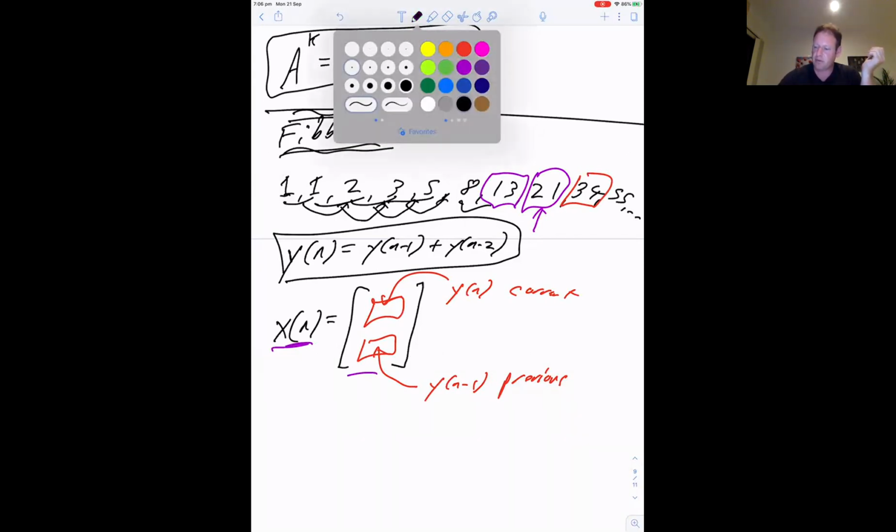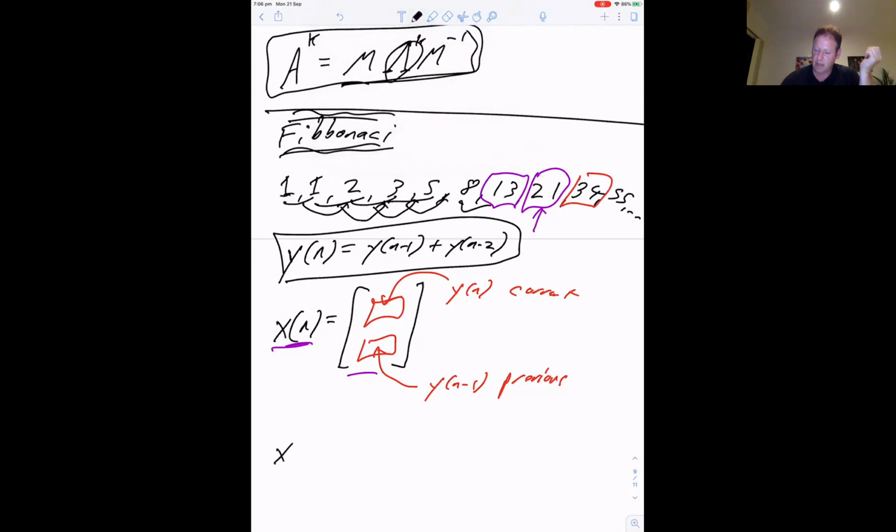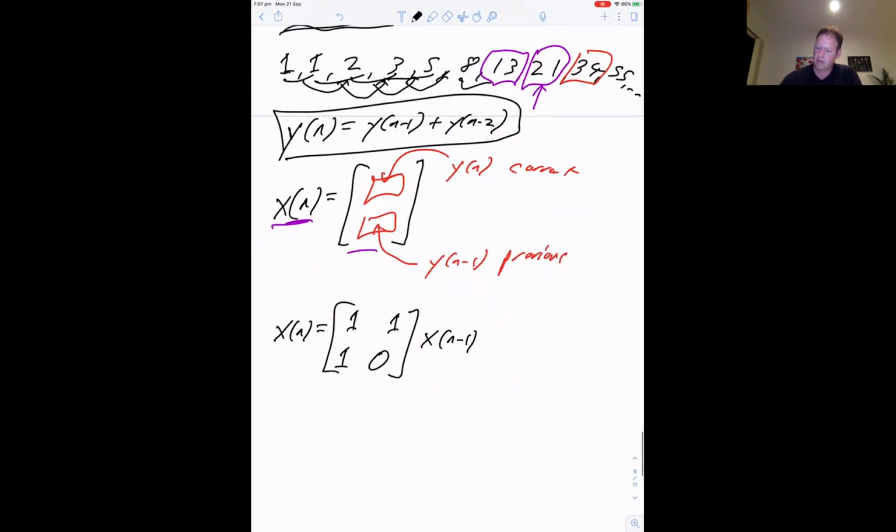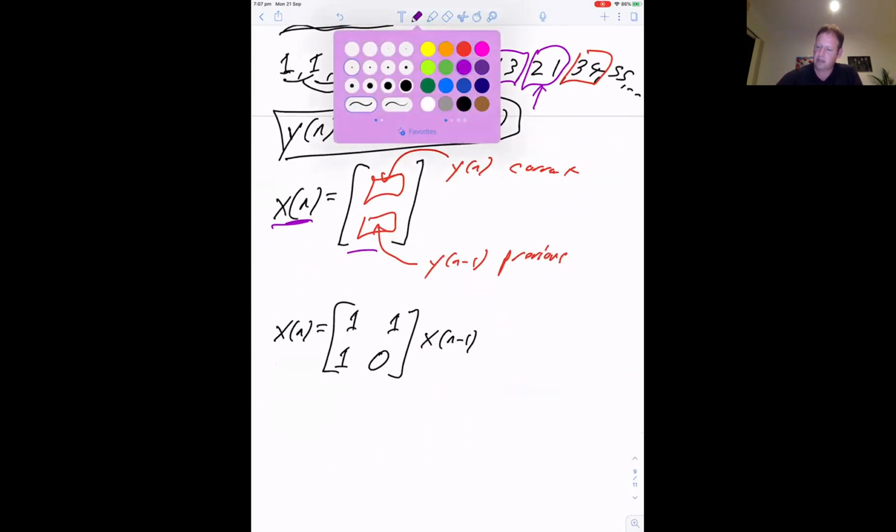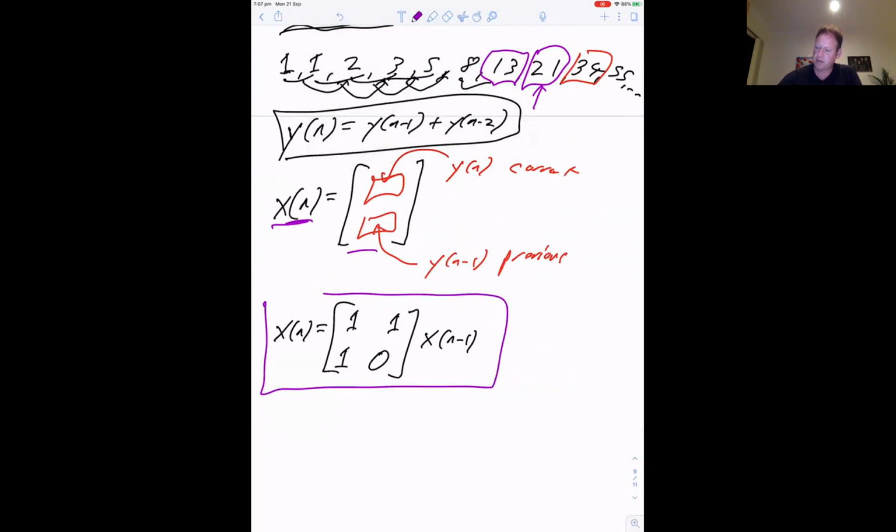Okay. If you do that, then let's see if I'm doing this correctly. Then what you can do is you can do 1, 1, maybe 1, 0, something like that, times xn minus 1. And you can say that this is the Fibonacci recursion.